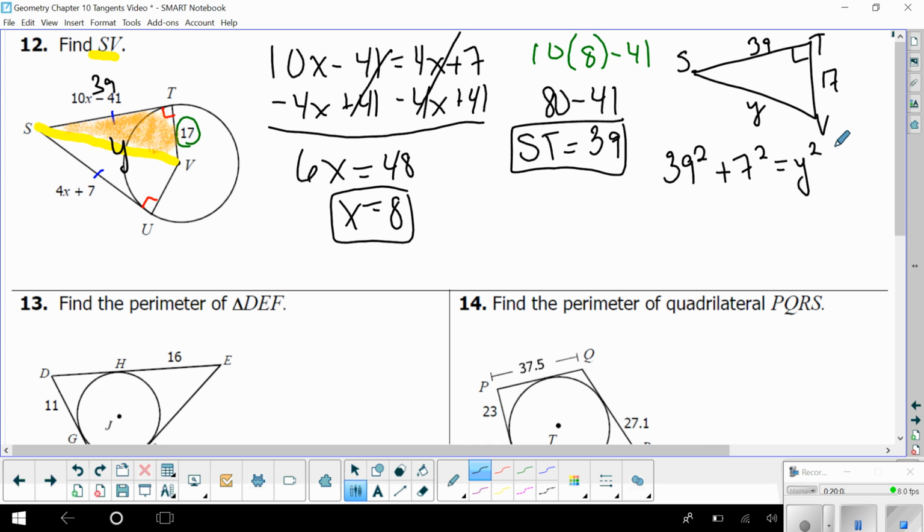Hopefully you guys understand where I'm getting all this from. 39 squared is 1,521 plus the 49 equals Y squared. This is 1,570 equals Y squared.